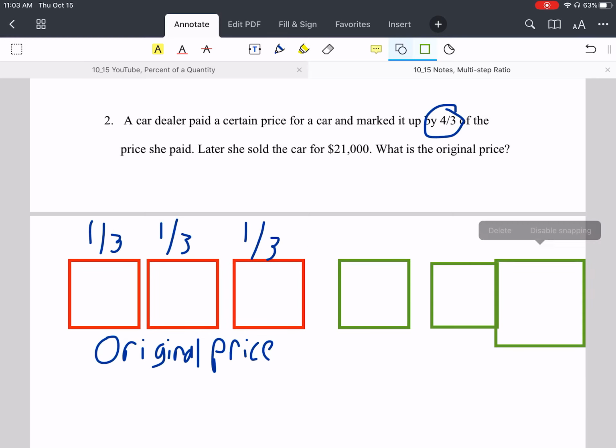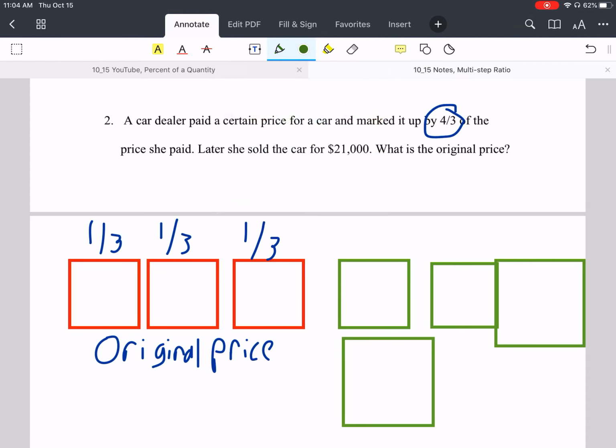Okay, well, it works. So we added 4/3 because each box is still worth a third. So now we have 7 total boxes. So the green is the markup.